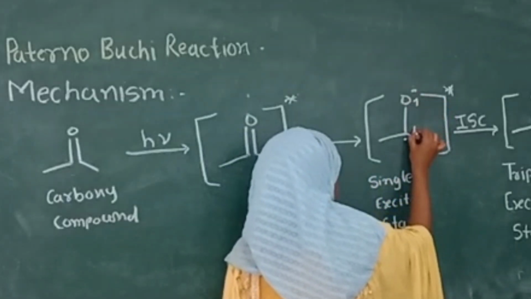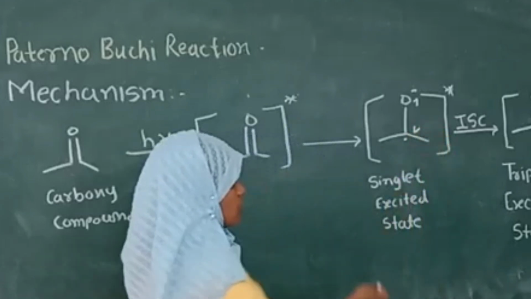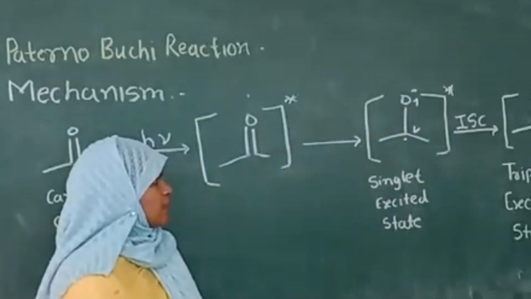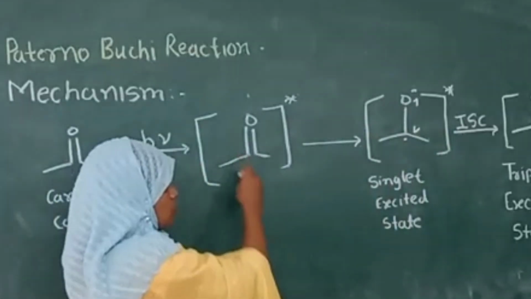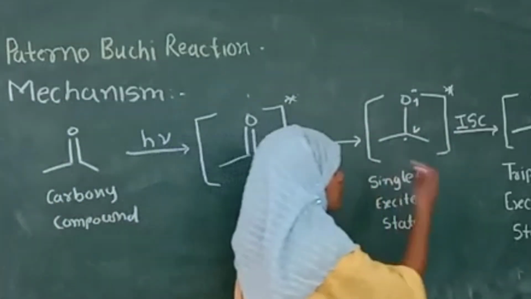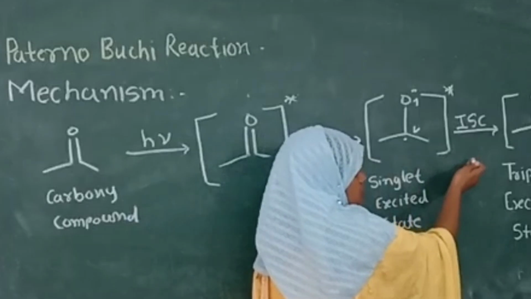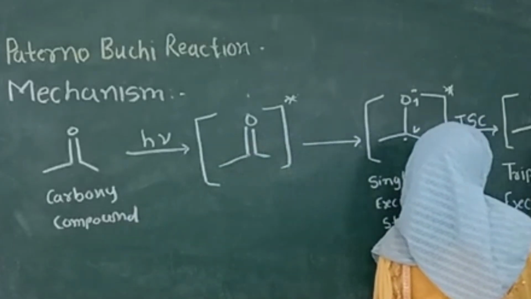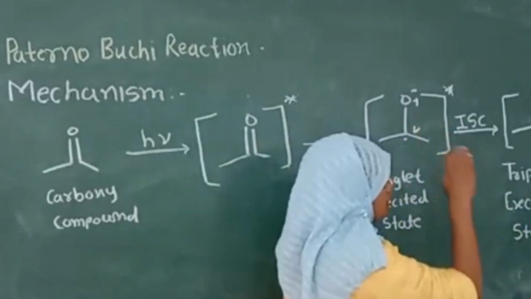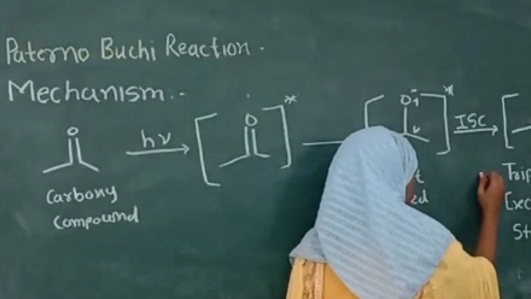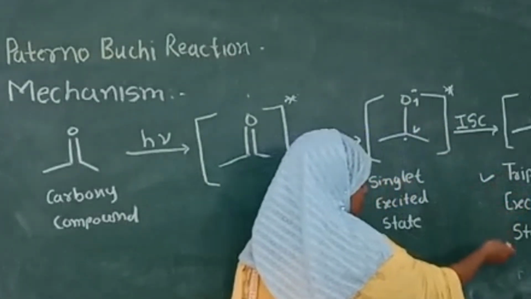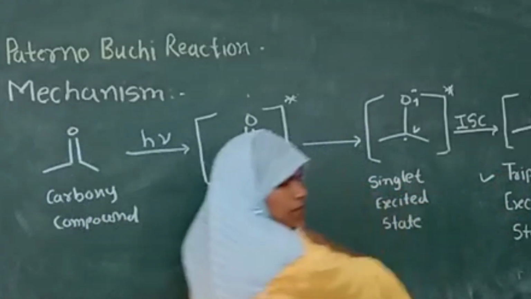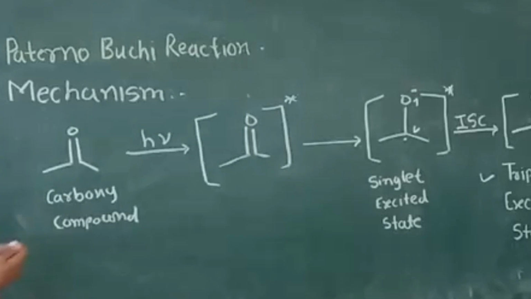In the singlet excited state, the spins of both radicals are in opposite directions due to the bond breaking process. After intersystem crossing, their spins are in the same direction, either upward or downward. At this stage, in the triplet excited state, the carbonyl compound reacts with the alkene, the olefin compound.